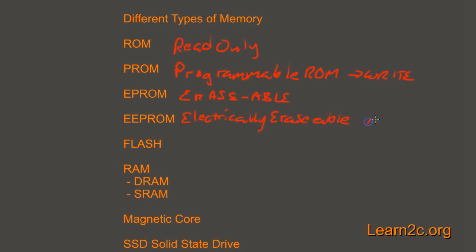Now, how many times is that? It's typically limited to, say, 100K, some versions up to about 1 million times. But this is a type of memory that we can go through, program it, change it later on, and go back and forth, and address it a byte at a time.